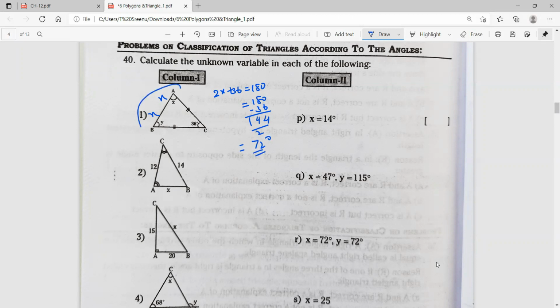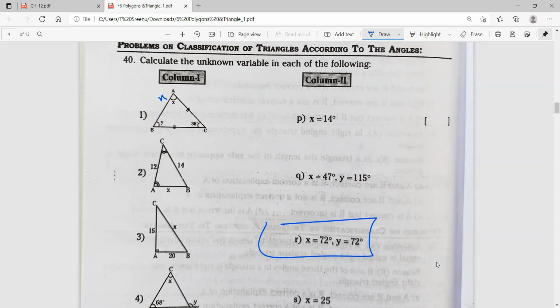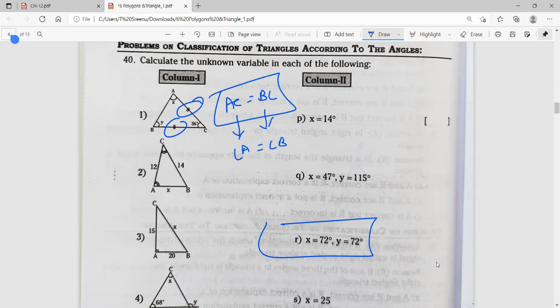Both are 72. Here, to make us confused, they gave x and y, but actually both are x. How should I know? They said AC is equal to BC. So opposite angles are equal. Angle A is equal to angle B. That means x is equal to y. Like that we have to take. Right? Hope we have followed.